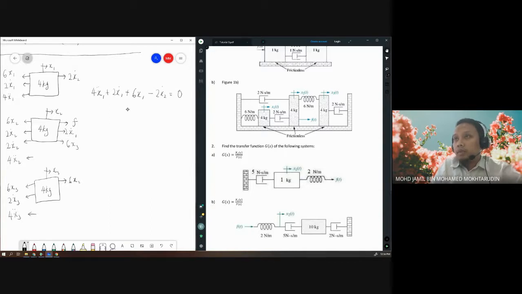Okay, and then the second one we have minus 2X1 dot plus 4X2 double dot plus 4X2 dot because we have two dampers, plus 6X2 minus 6X3 equals F. And then third free body diagram, so we have minus 6X2 plus 4X3 double dot plus 2X3 dot plus 6X3 equals 0.